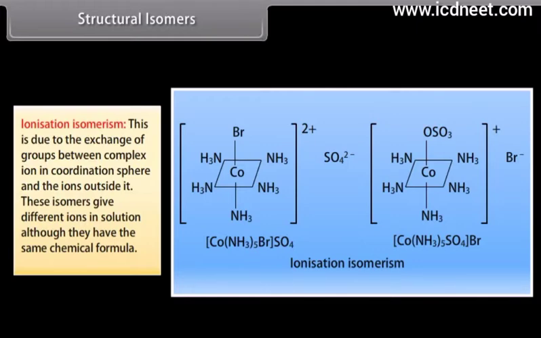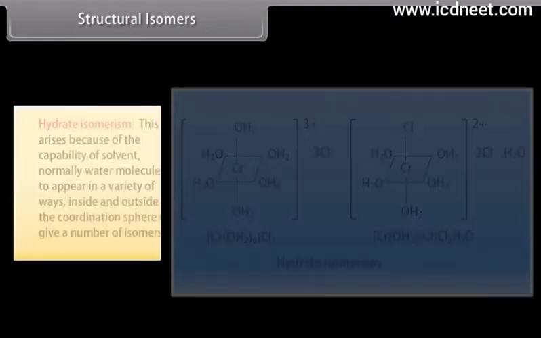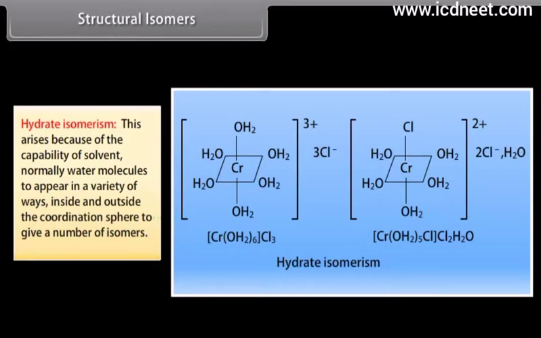These isomers give different ions in solution although they have the same chemical formula. Hydrate isomerism. This arises because of the capability of solvent, normally water molecules, to appear in a variety of ways, inside and outside the coordination sphere, to give a number of isomers.